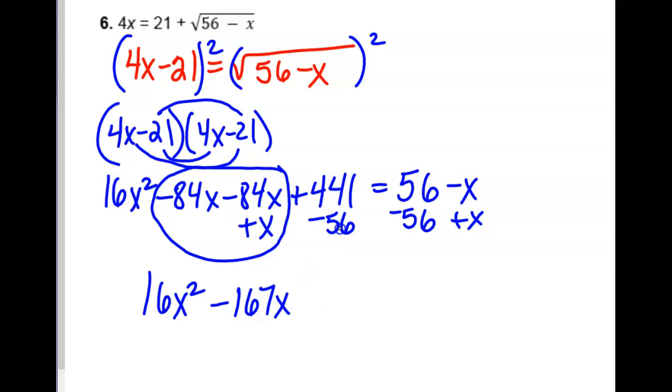And 441 minus 56 is... Okay. I did this problem this morning just to make sure I could go through it quickly. And I wanted to cry because nothing divides out or simplifies. Do you know factors of that? It would probably be fast to do quadratic formula.